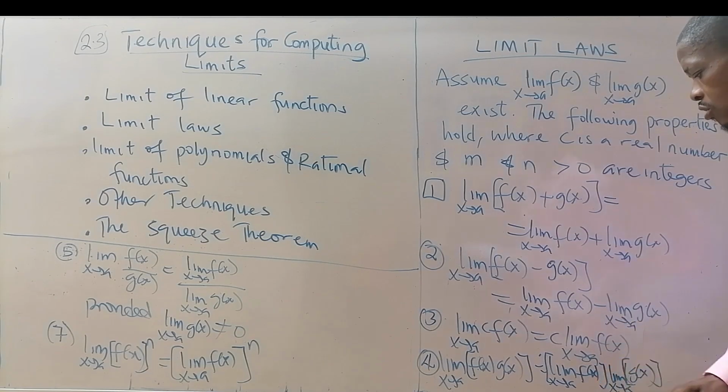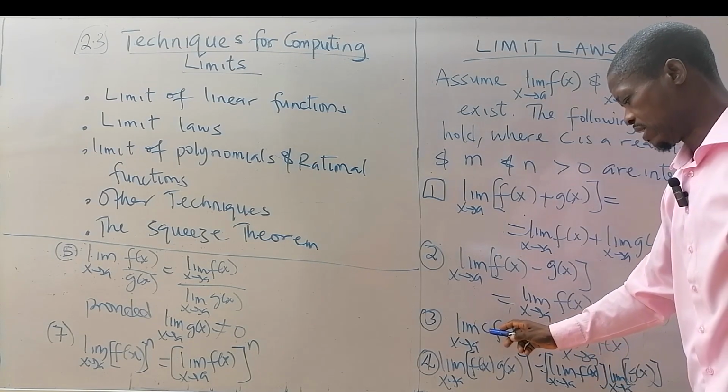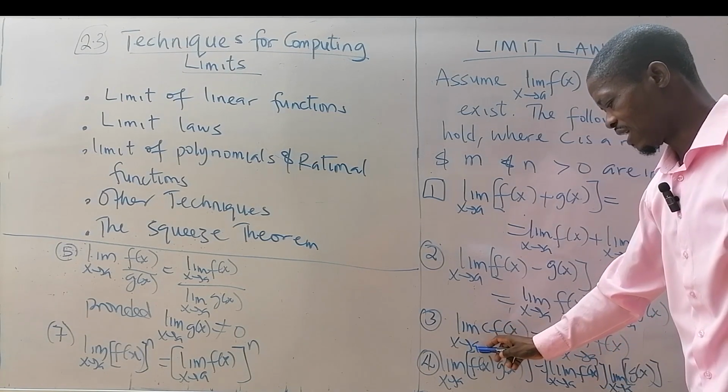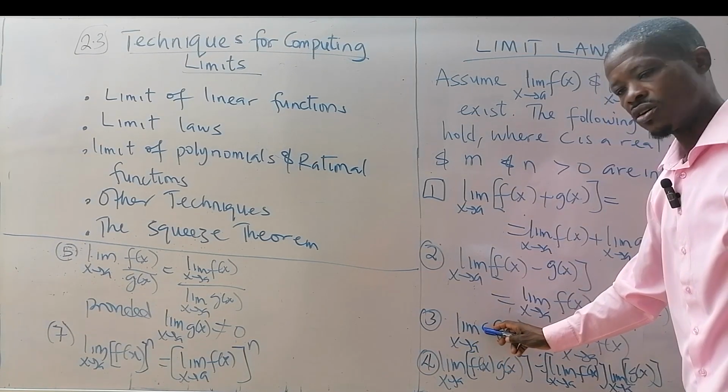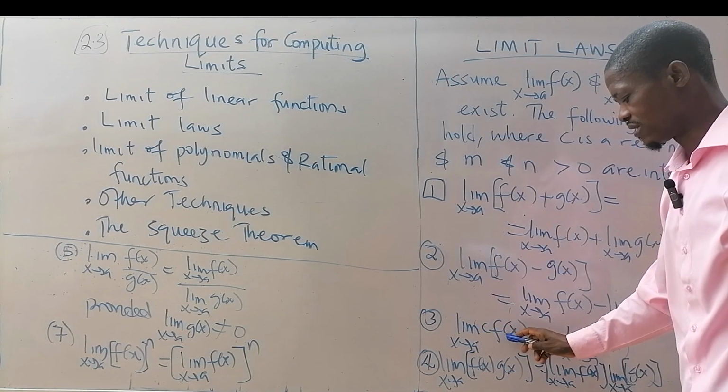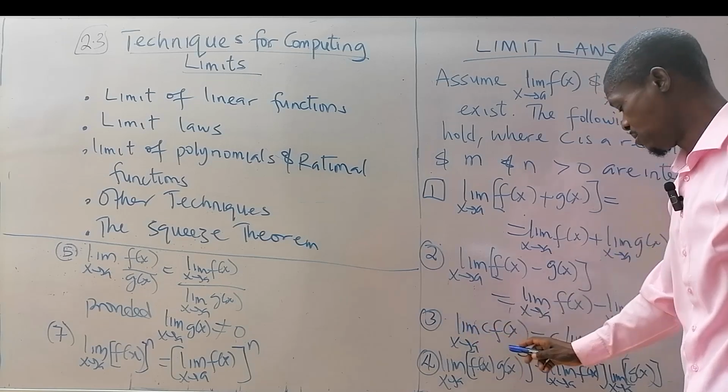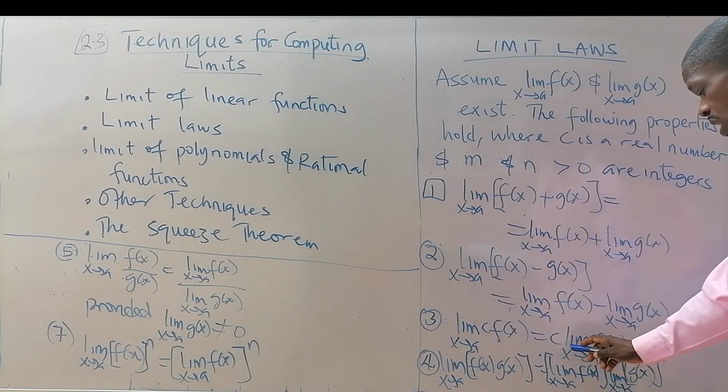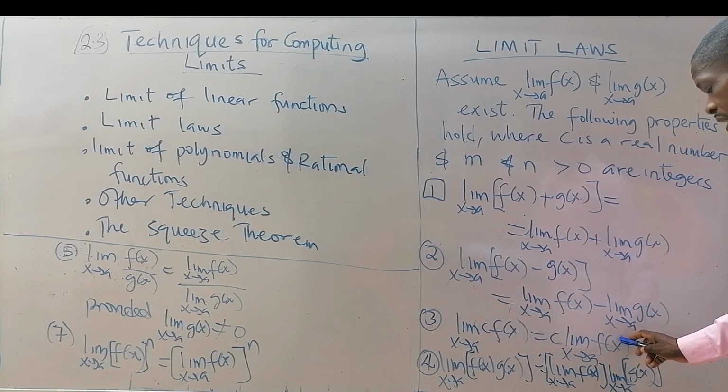Then the third one: we have the limit of f of x as x tends to a with a constant. This says the constant can be taken out of the limit, so you have c times the limit of f of x as x tends to a.